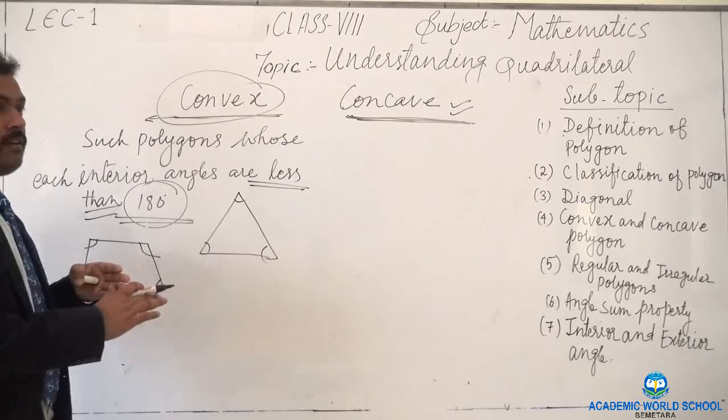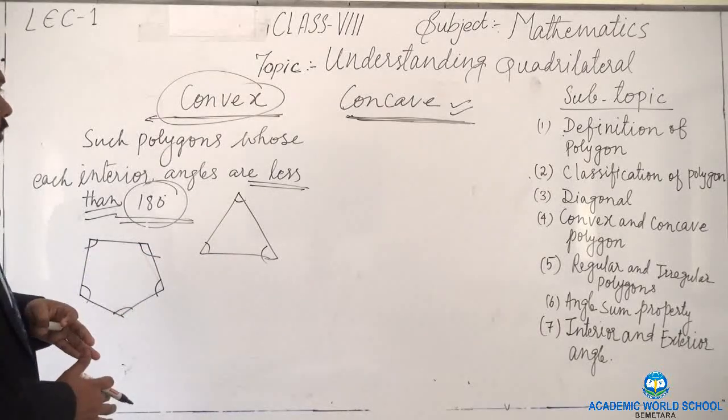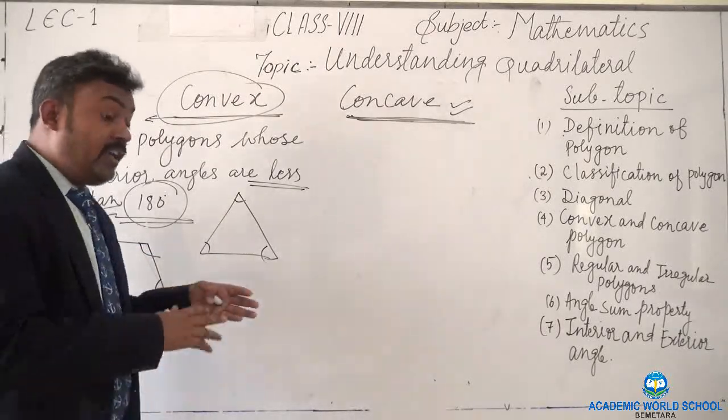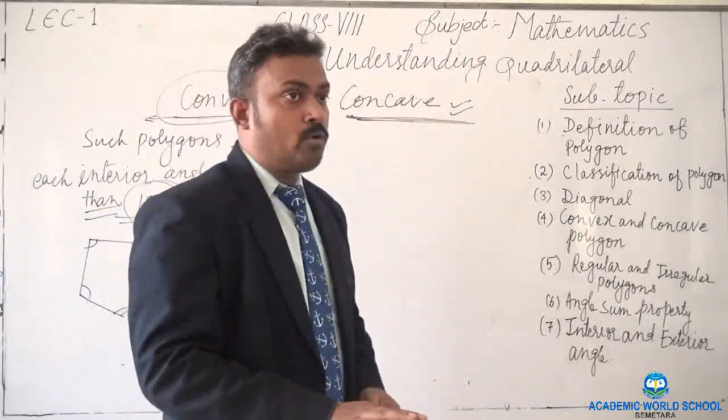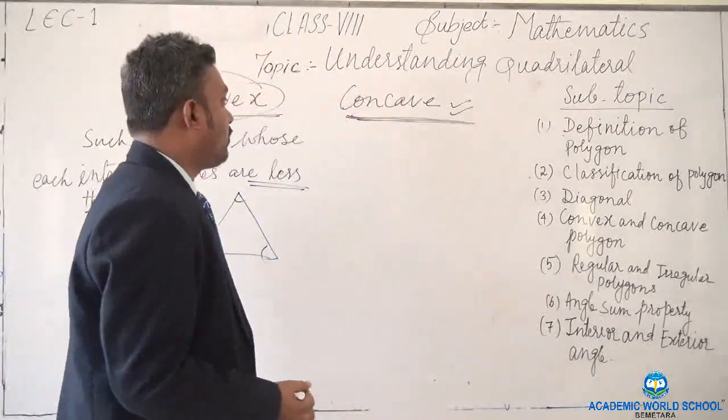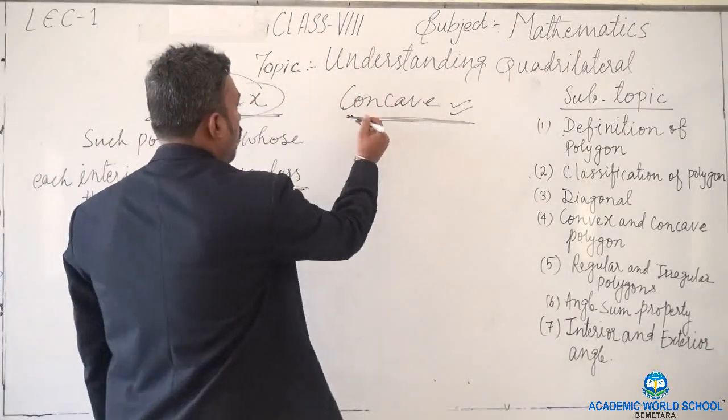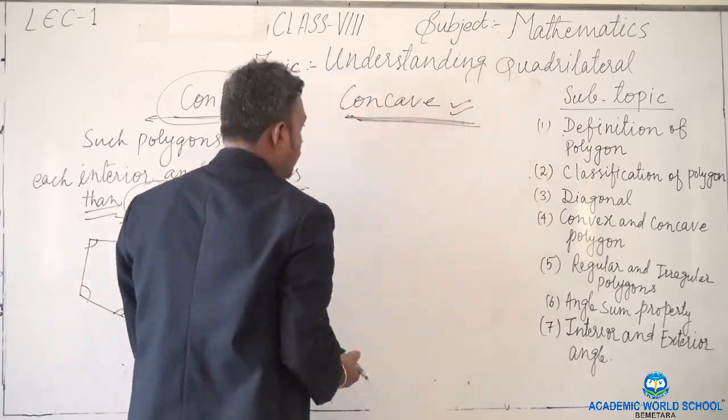But if any of the interior angles is more than 180, that polygon is called a concave polygon.